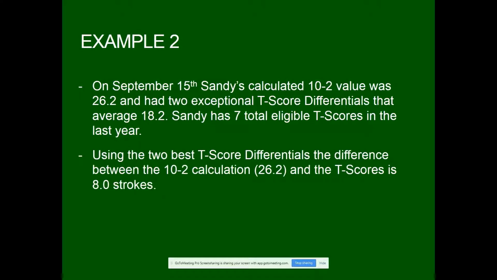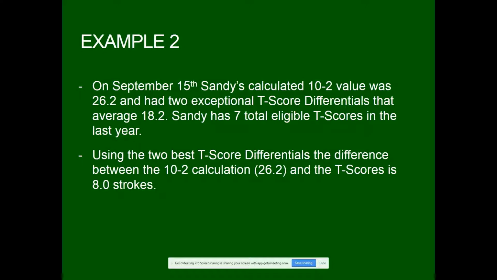So now we need to determine what her revision is this time around. If you take the 26.2 and subtract 18.2, that difference, which was 6.0 last time, has now become 8.0. As you can probably imagine, her reduction is going to substantially increase, and the reason is that it's an inverse relationship.